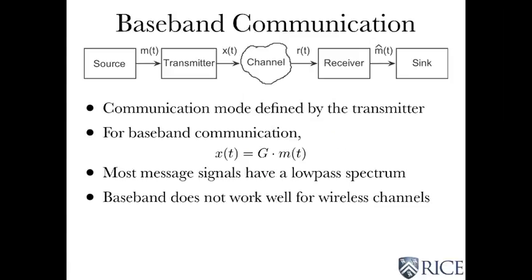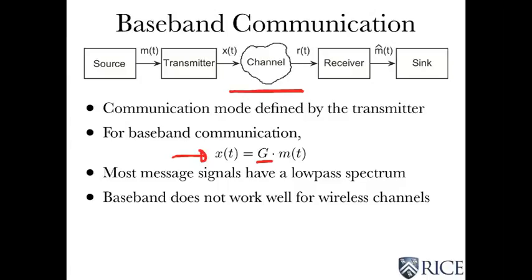So let's talk about the design of a transmitter and receiver for a channel. We have now our channel model, and now we know what the characteristics of the channel are. What we're going to do, for all kinds of reasons, is simply transmit the message as it is. The transmitter is going to provide some gain. Usually the gain is much bigger than 1.